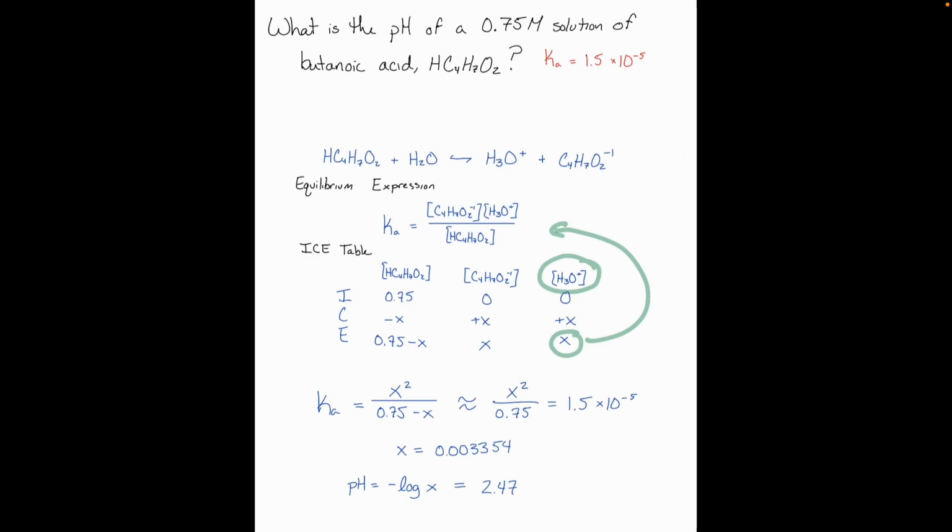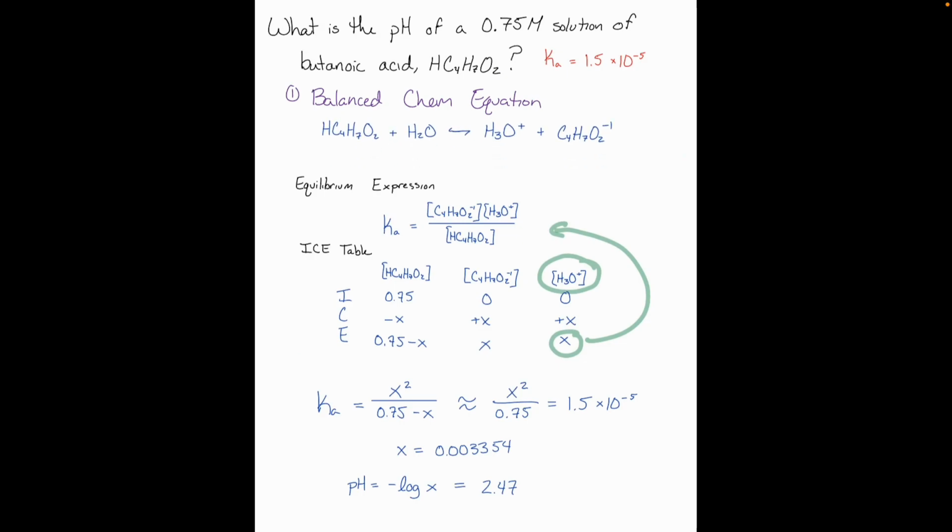All right, so how do we solve these weak acid problems? Again, we're going to start with our balanced chemical equation. From there, we can build our equilibrium expression. Then we got our ice table.